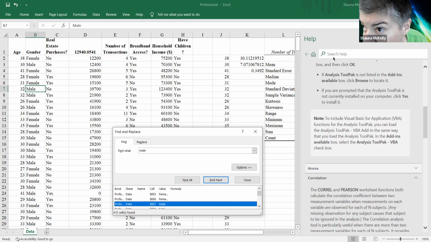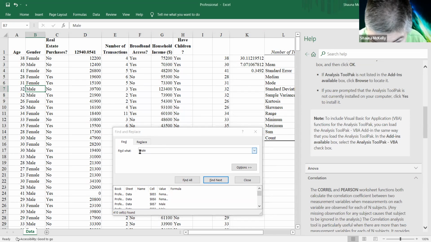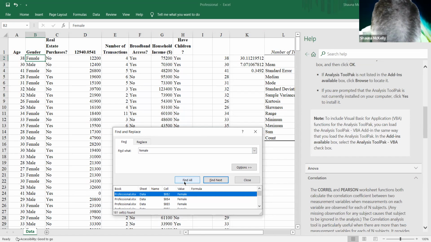I need to figure out, give me a second. Actually, you know what? I know why. The reason it found 410 of them is because male was part of the word female. So of course it selected them all. So what I'm gonna do is find all the females.